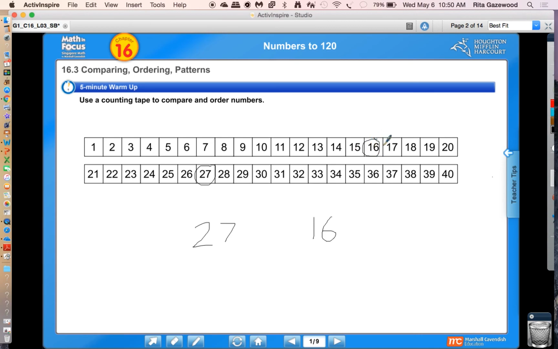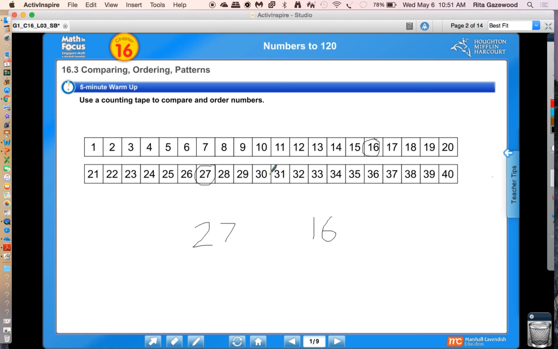So when I'm counting by ones, the number 16 comes before the number 27. So we would say 16 is less than 27. If it comes before another number, it is less than that number. And we would say 27 is greater than 16, which means 27 comes after 16 when you're counting forward by ones.